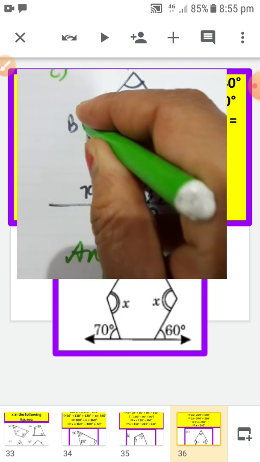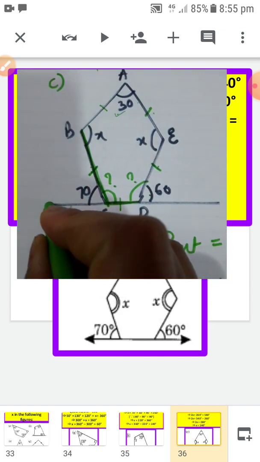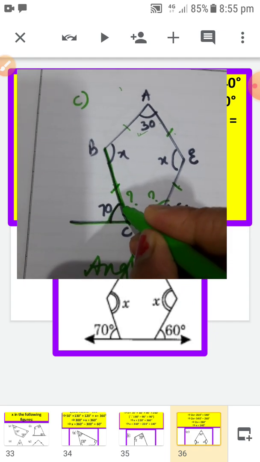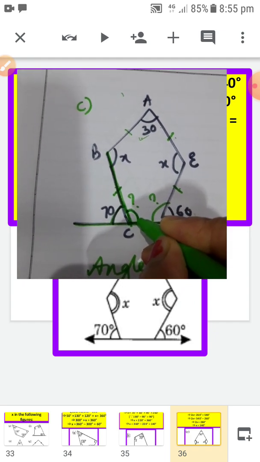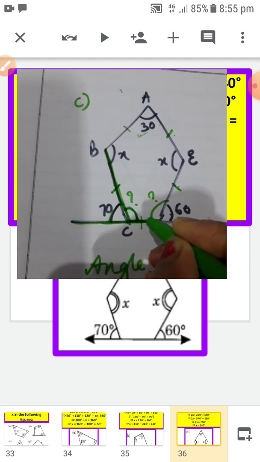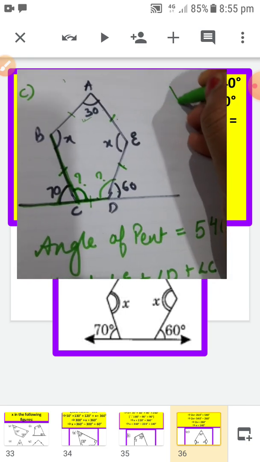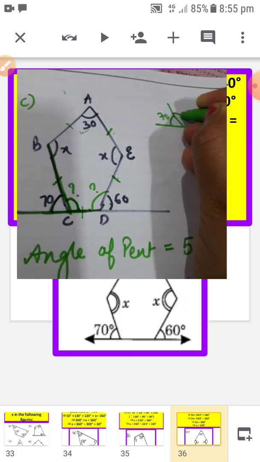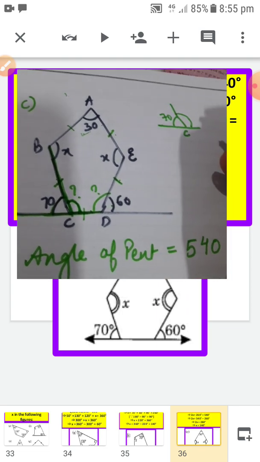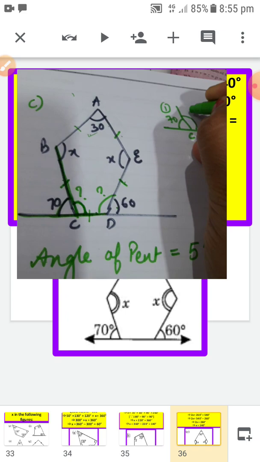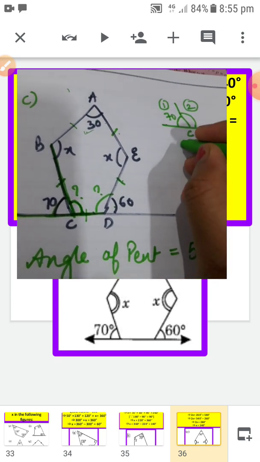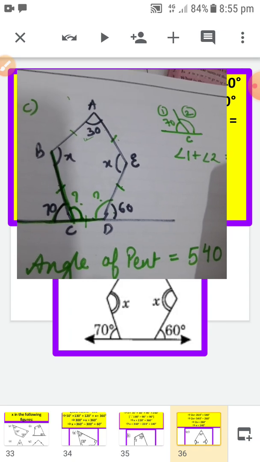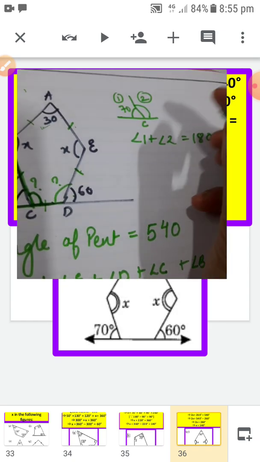So this is your angle, this is your outer, that is 70. If you want to find this C, both are lying on the same line segment. So this is your 70 and this is your C. This is your 1 and this is your 2. So angle 1 plus angle 2 together gives you 180, meaning linear pair.